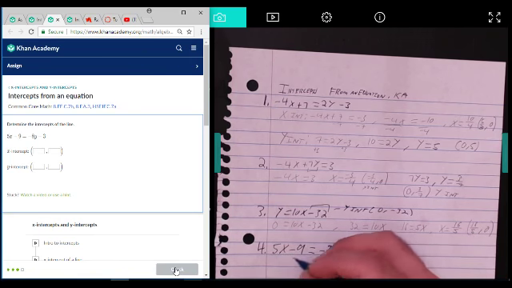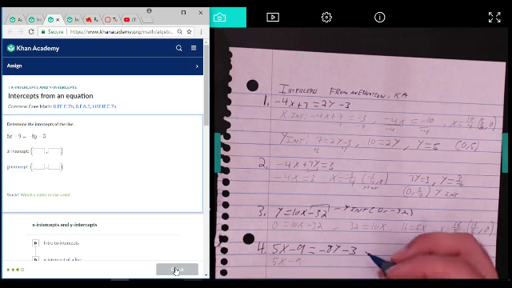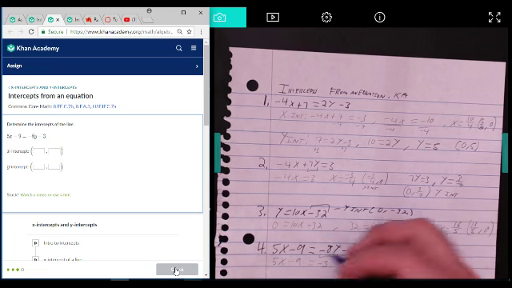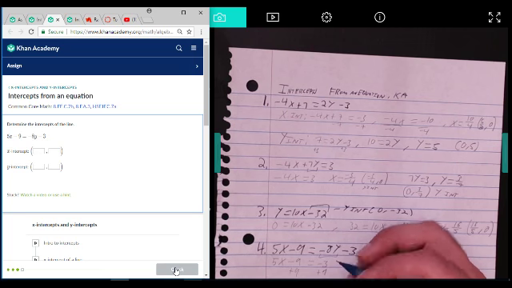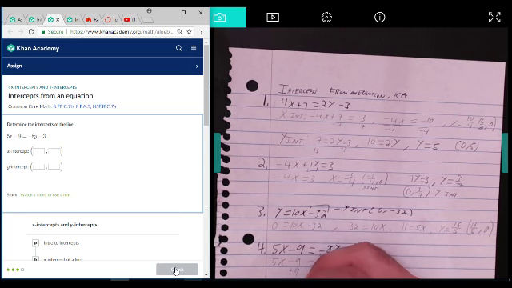So we'll have 5x minus 9, we'll find the x-intercept first, is equal to negative 8y, we ignore that, is equal to negative 3. So next step, we add 9 to each side. So we'll have 5x is equal to negative 3 plus 9 is equal to 6.